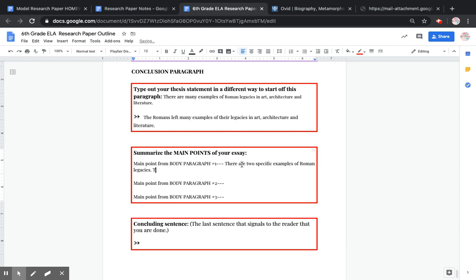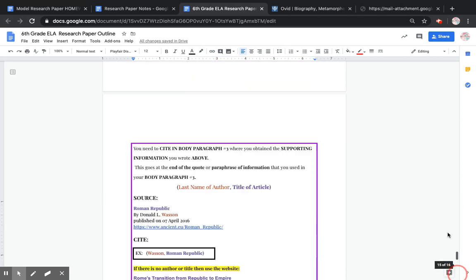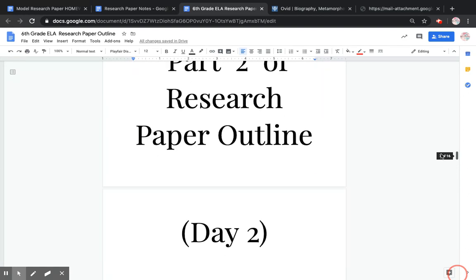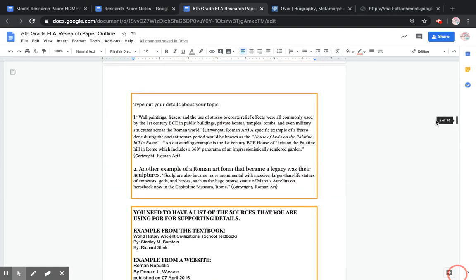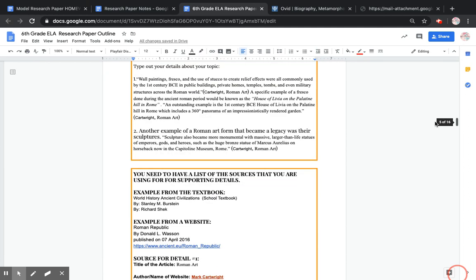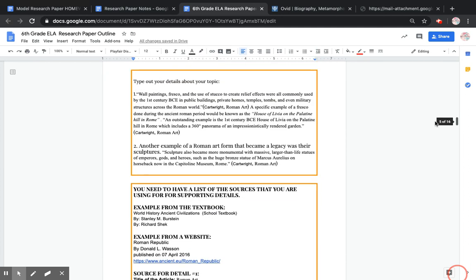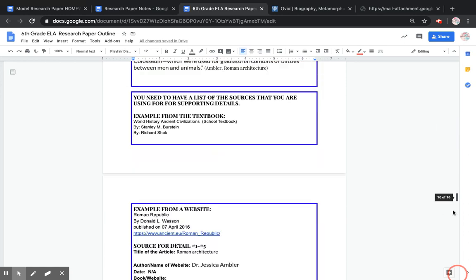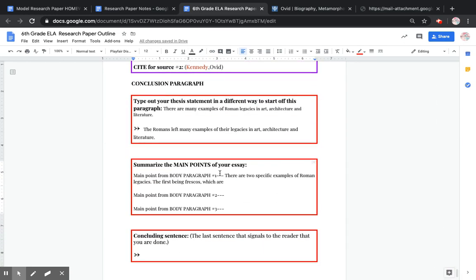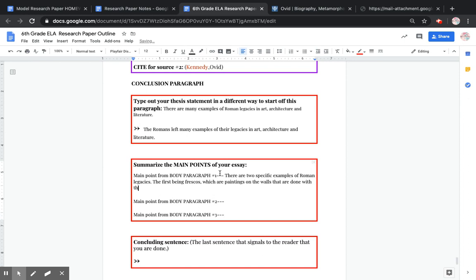The first being frescoes, which are, and I just want to go back and look at what they are so I can put it in my own words, just to remind my reader at the end what exactly it was about. The use of stucco. Okay. So, which are paintings on the walls that are done with the use of stucco.